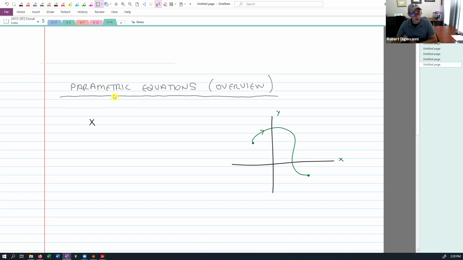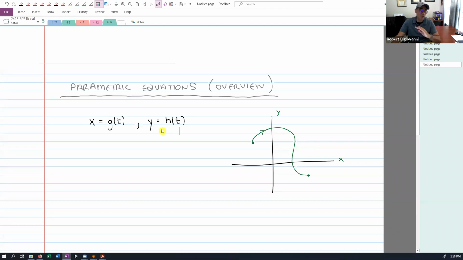A set of parametric equations is some function of t that gives you your x coordinate and some other function of t which gives you your y coordinate.